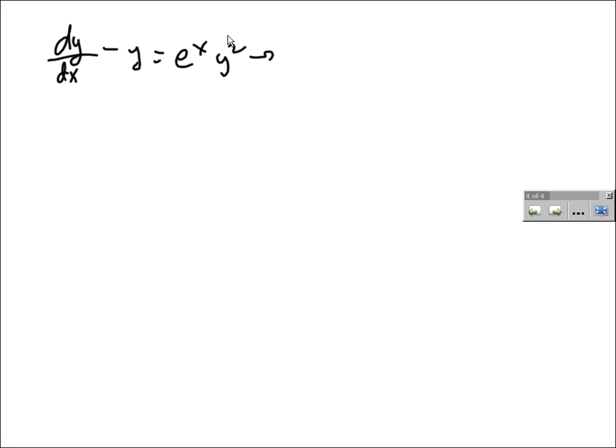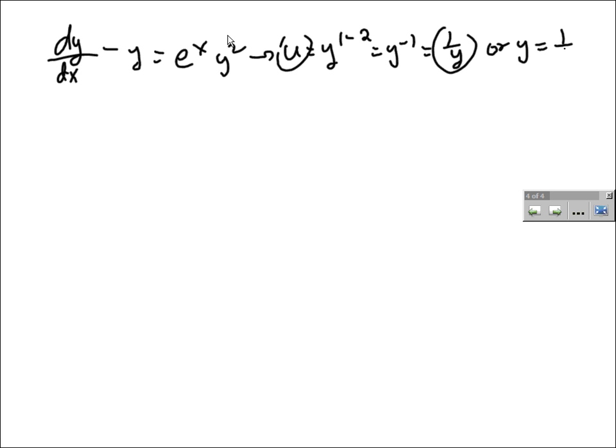So we know that the substitution is going to be u is equal to y raised to the 1 minus 2, which is y to the negative 1, which is 1 over y. So u equals 1 over y, or y equals 1 over u. So then, taking the derivative of the left side, we get dy dx with respect to x.